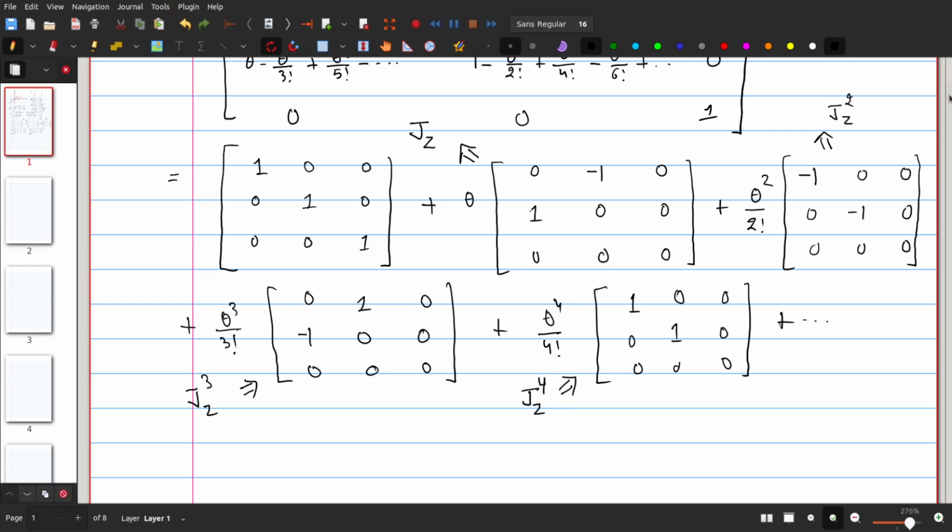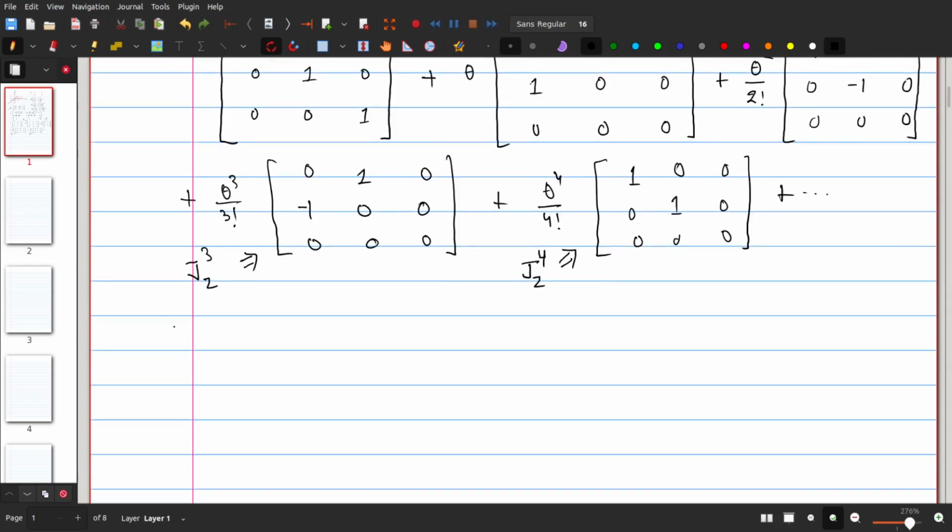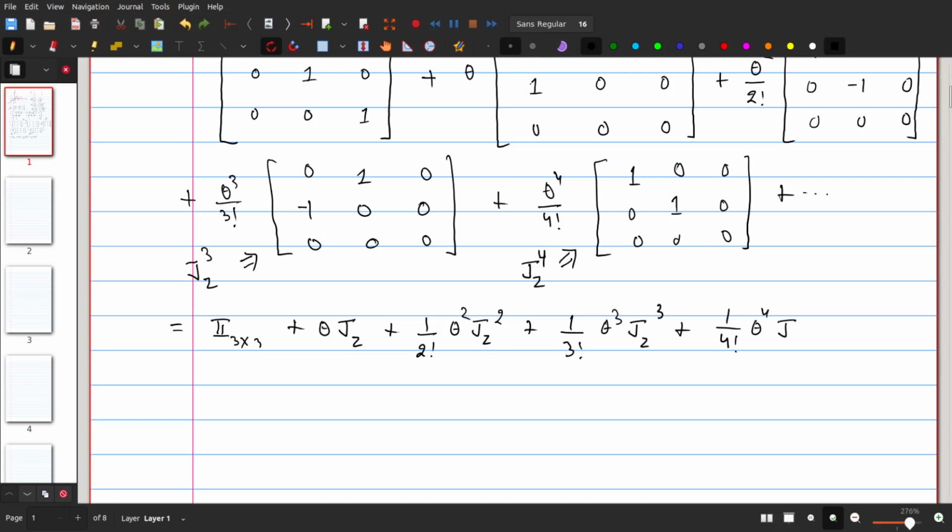So we can write our series expansion as the 3 by 3 identity matrix plus theta jz plus 1 by 2 factorial theta square jz square plus 1 by 3 factorial theta cube jz cube plus 1 by 4 factorial theta 4 jz 4, and so on.